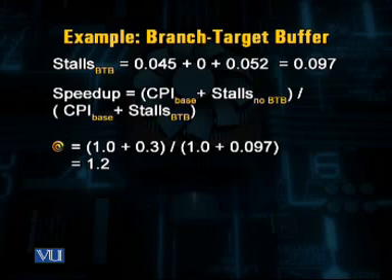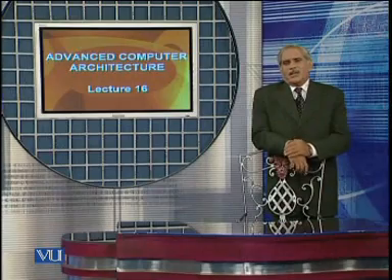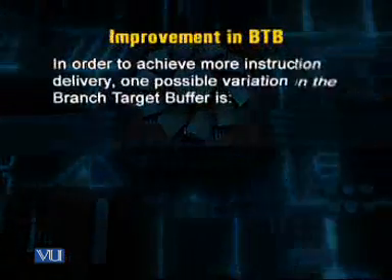So this shows that by adding the branch prediction buffer, it makes the pipeline faster by 20% for this example.